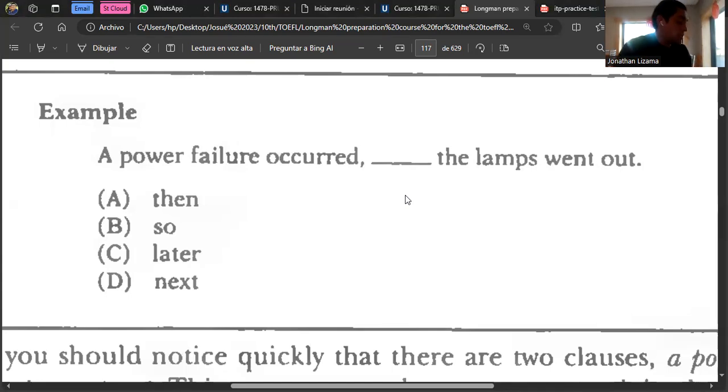Subordinating connectors, which we will be studying further, are pretty different, because a subordinating connector refers to those connectors that you can use at the beginning of two sentences. You can put it into the middle. If you put the subordinating connector at the beginning, you need a comma to separate the two sentences. But if you put it into the middle, you don't need any comma.